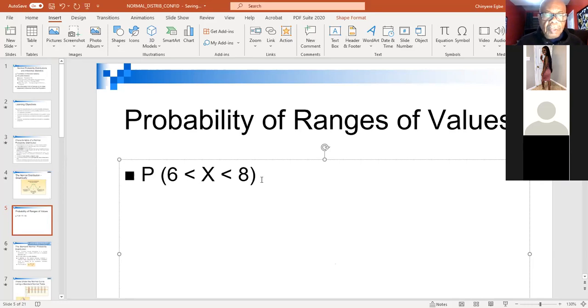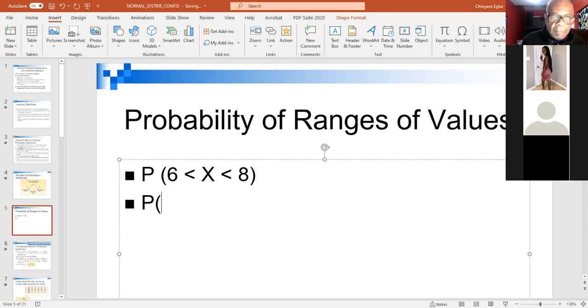Let us say a student comes to a college canteen and spends money on lunch. The normal distribution, which is symmetrically shaped, will give you the percentage of students that spend between $6 and $8 on lunch.